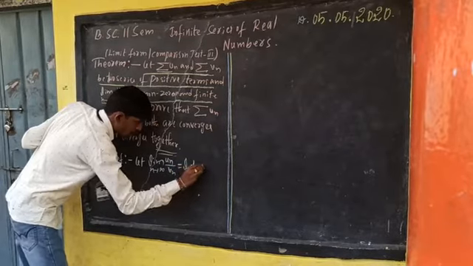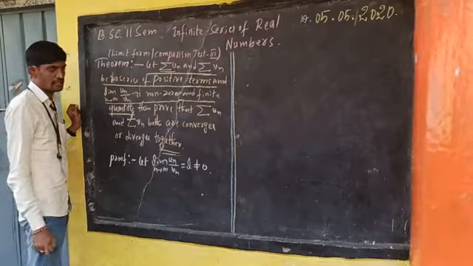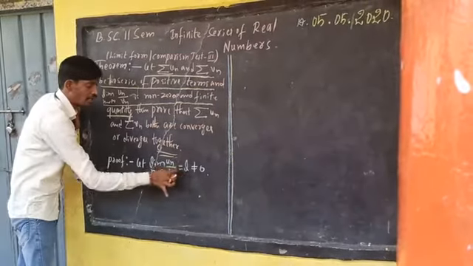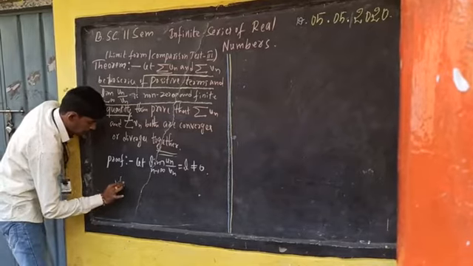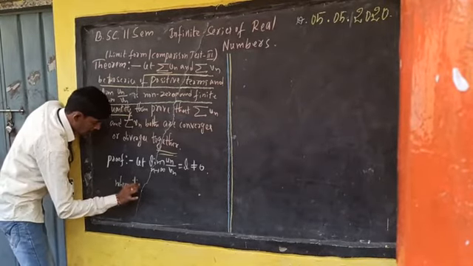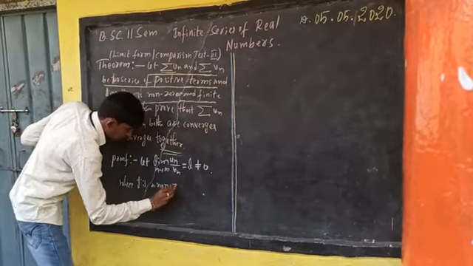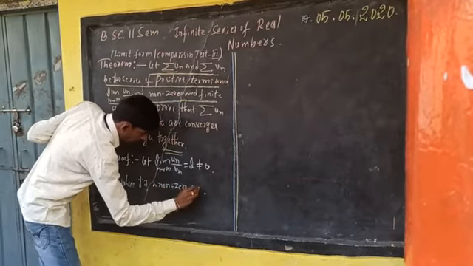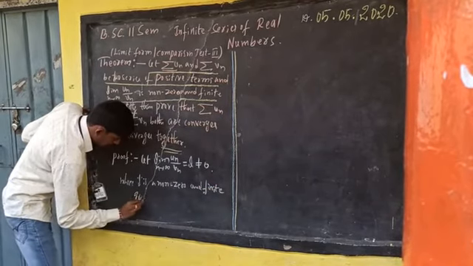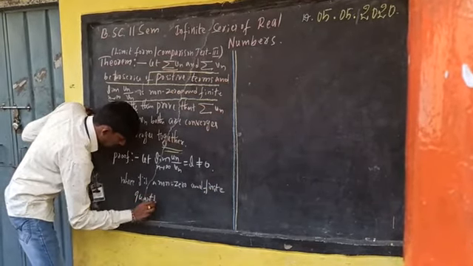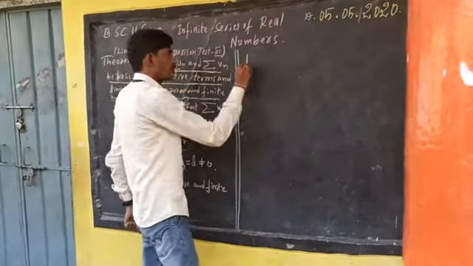This is not equal to 0, because it is given as non-zero. Let us call that quantity l, where l is a non-zero and finite quantity. It is actually given.